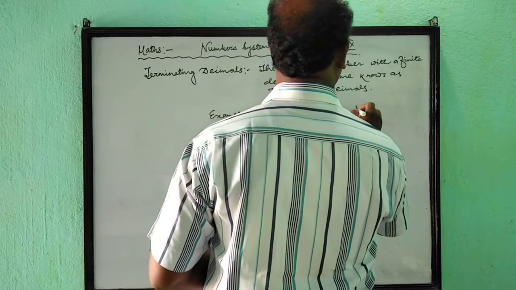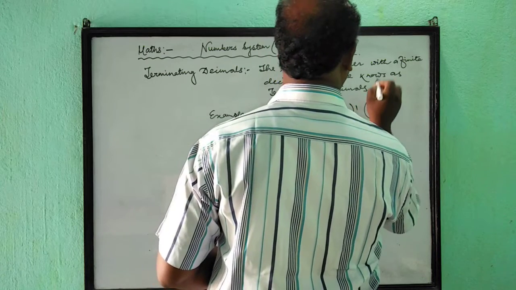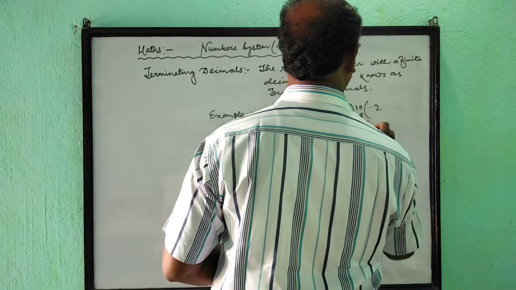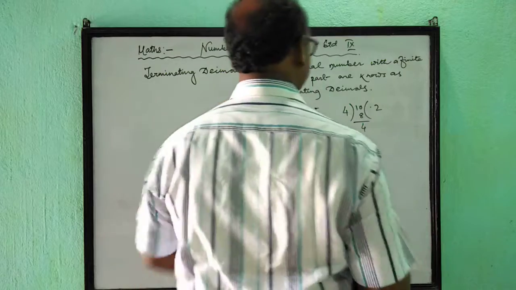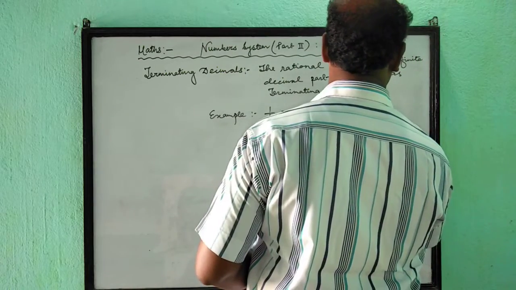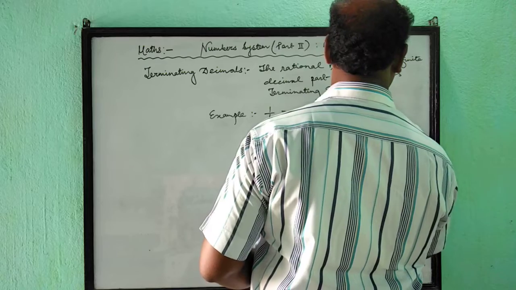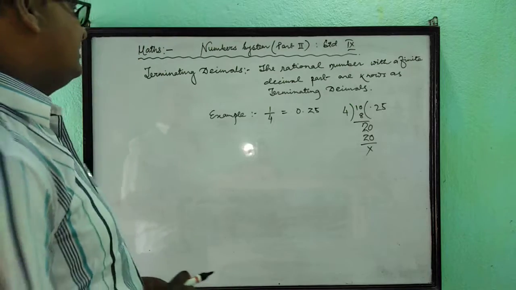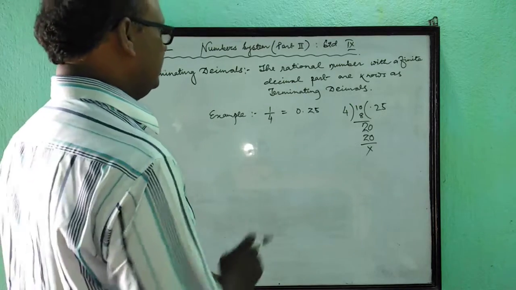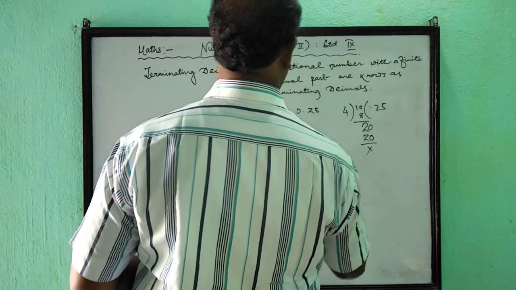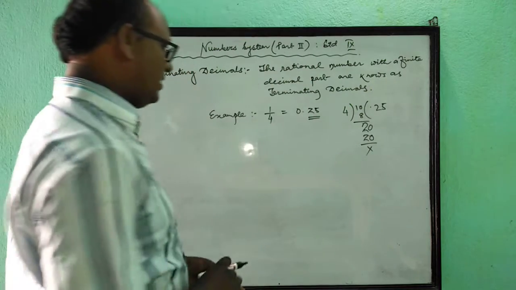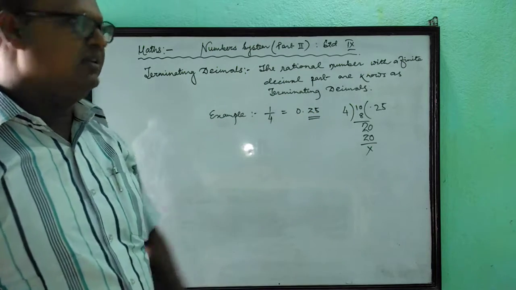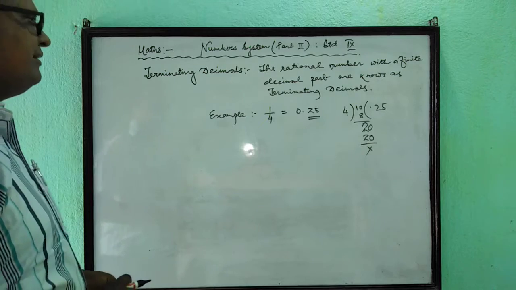If you divide 1 by 4, then at first we have to put a decimal, then 0, 2 4s are 8, 4, 2 0 5, 20. This is a terminating decimal in which the decimal part has a finite number of digits. Here the number of decimals is 2, that is 2 and 5. That is why it's called a terminating decimal.